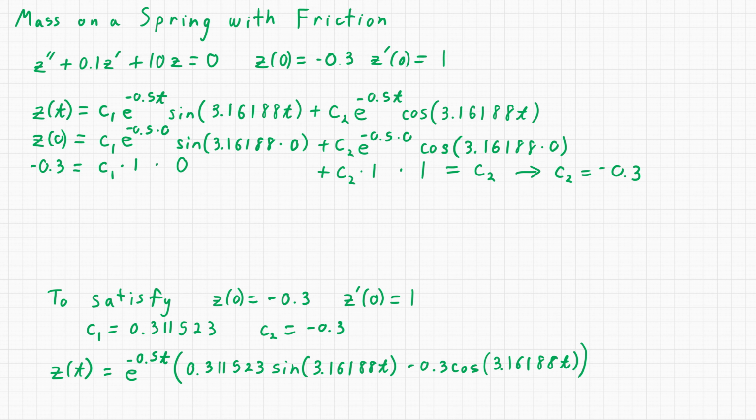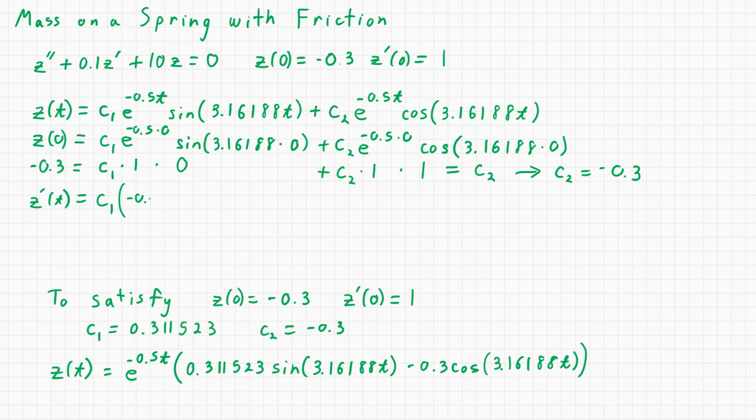So we have z prime of t equals, all right, so we have a product rule and a product rule. We have a constant. So we're going to have negative 0.3, sorry, C2 we solved for. So we have C1 still, and times, so let's take the derivative of this first.